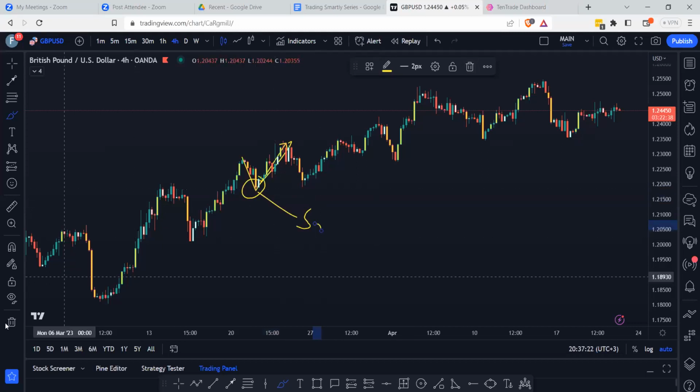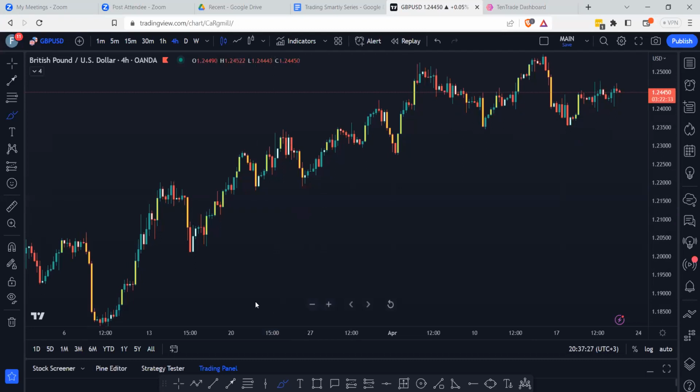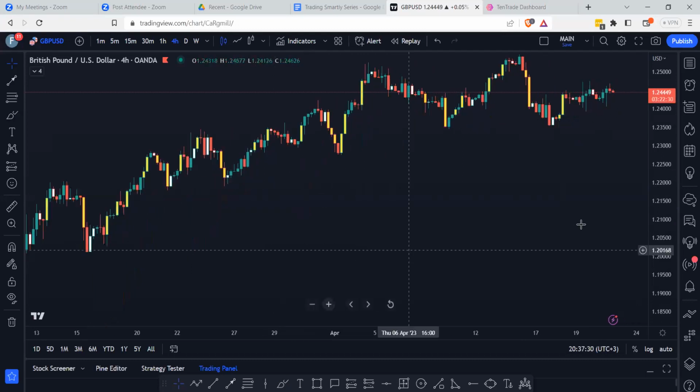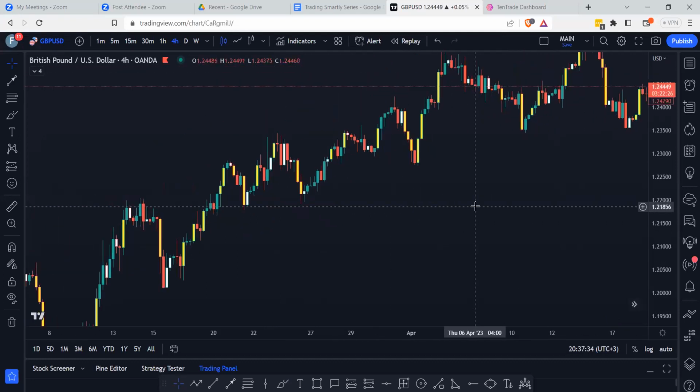Support here. Okay. So the question now is, how do you map out your support zone? Because support and resistance zones, it's not a line. It's not a price. It is a zone.